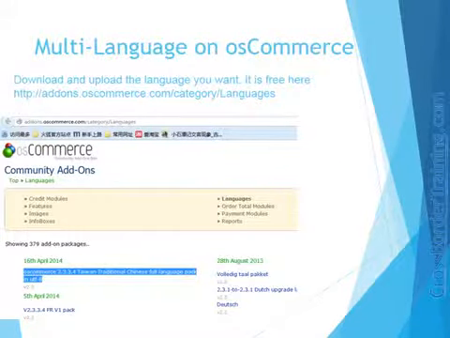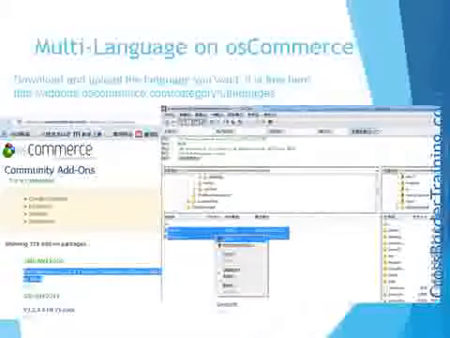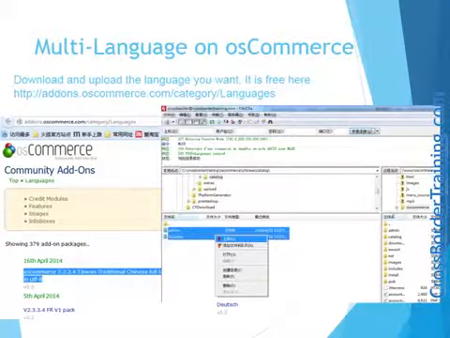It's addons.oscommerce.com/category/languages, and here you will have absolutely all the languages on earth already adapted to osCommerce. You download the languages you want. You can download as many as you want, and then you just re-upload all of them on the website with FileZilla.